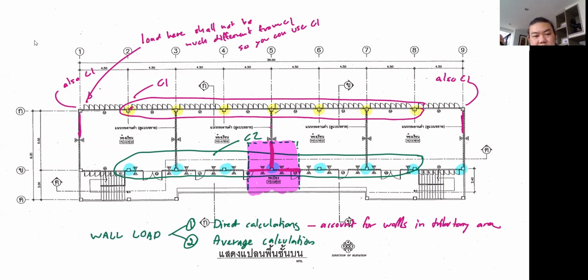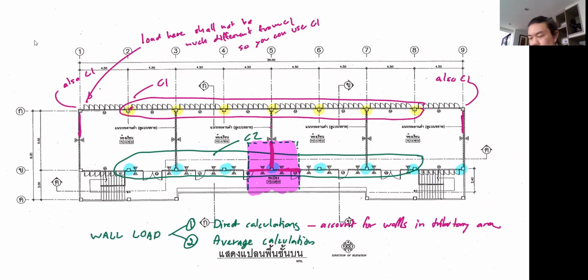In that case, generally, the walls will be all over the place, according to architectural design. And because we don't have beams to support anything in the post-tension concrete, what we do in design is that we would try to find the wall load, account for the weight of the wall over the area, and then turn that into the superimposed load on the floor.